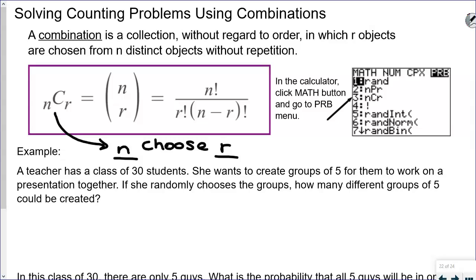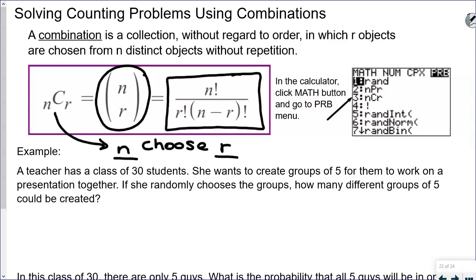You may see it written out like this, and specifically we see that in the binomial distribution formula. I think it just fits into the formula more easily written that way. But the actual formula is this, where we're using factorials.